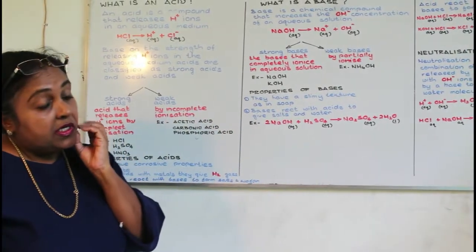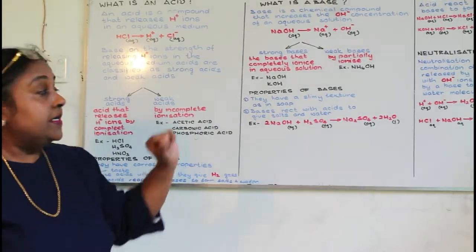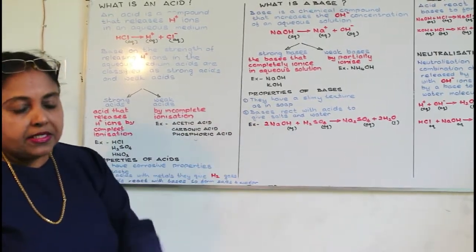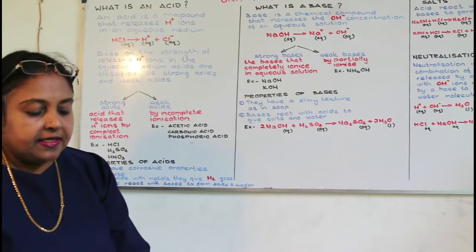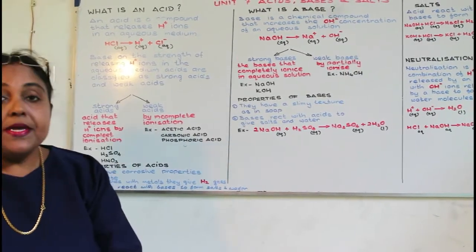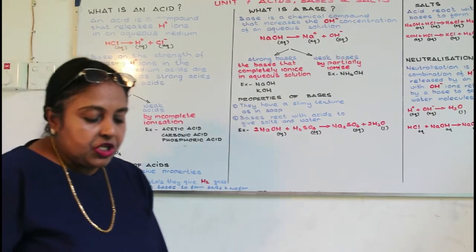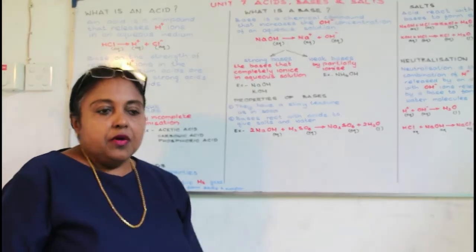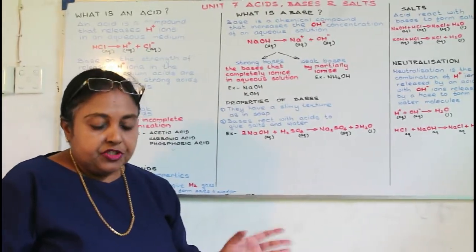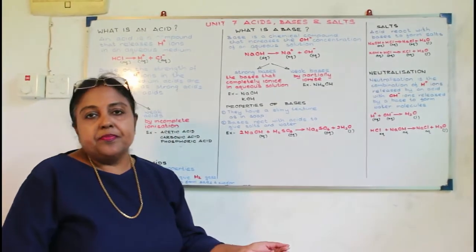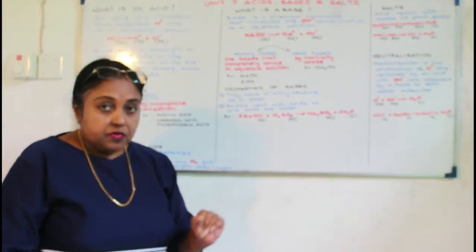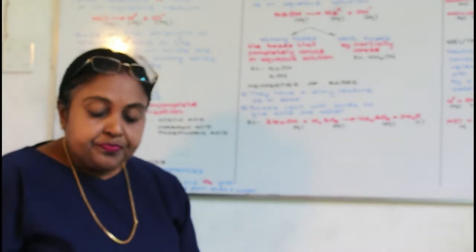Then you studied about indicators. What are the 3 types of indicators we learned today? pH paper, litmus, methyl orange and phenolphthalein. Now you have to study the color change in acidic medium and basic medium. You have to study that part also.